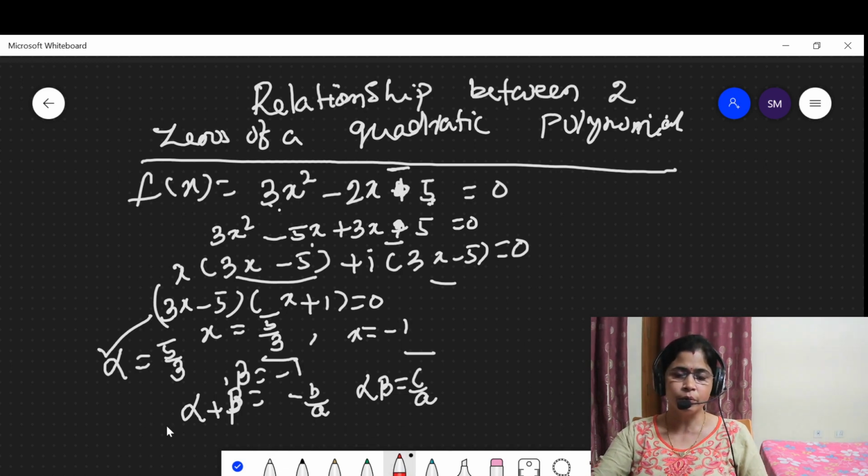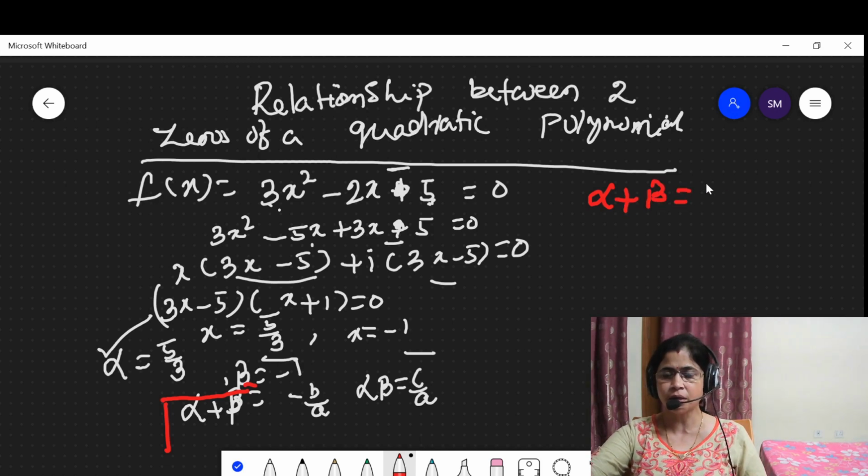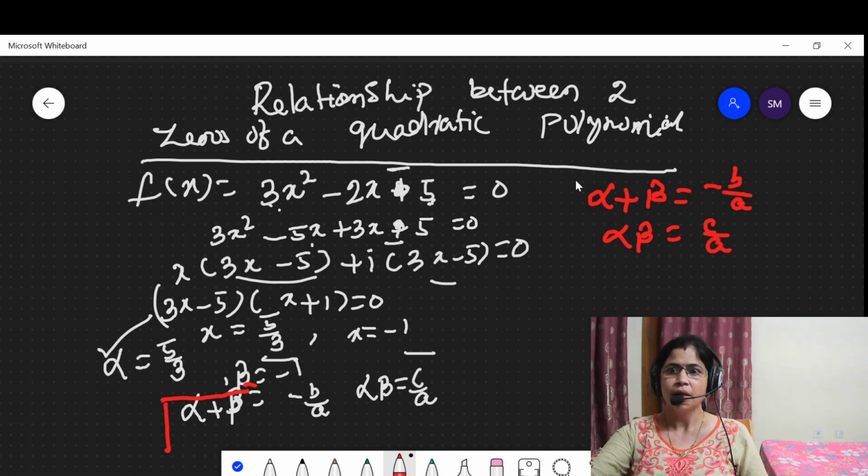What do you mean by minus b upon a? Now let us write these two relationships here. Two very important things. Alpha plus beta is equal to minus b upon a, and alpha into beta is equal to c upon a. This is the relation between the two zeros of a quadratic polynomial.